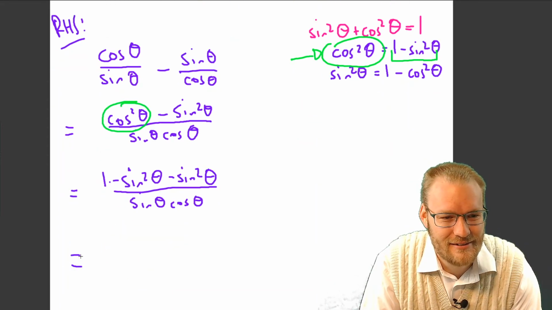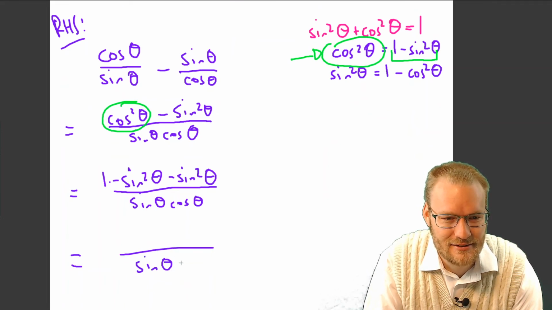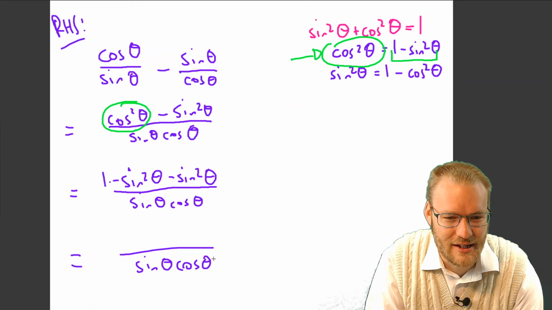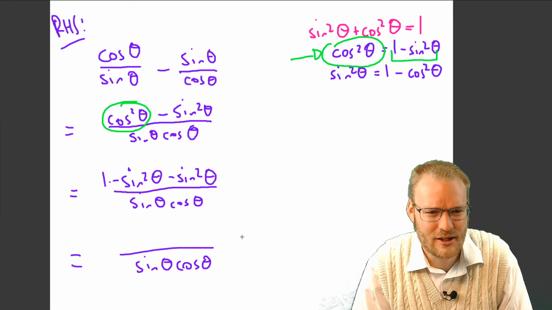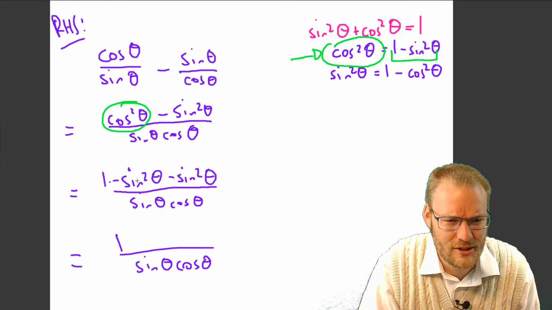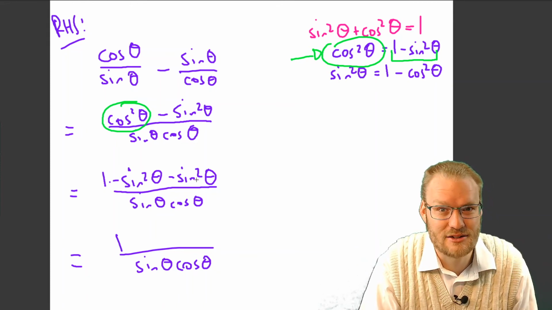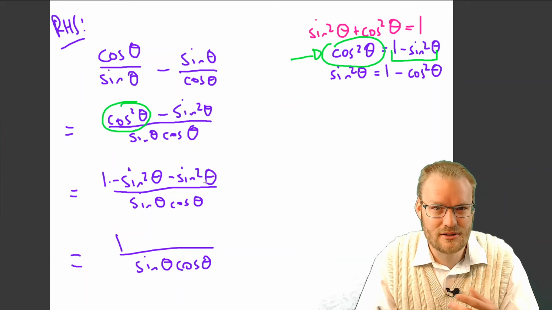Now, we know that it needs to look like the left-hand side. So we're using that as a bit of a guide. It's a sneaky guide, but it doesn't mean we can just magically make it that. 1 is 1. What's minus sine squared theta, minus sine squared theta? Well, it's like what's minus x squared, minus x squared? It's minus 2x squared.